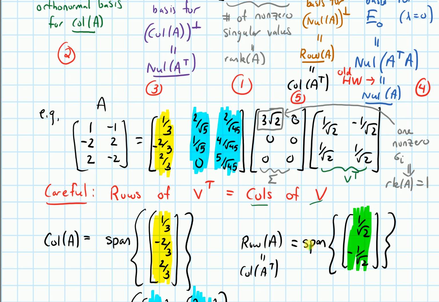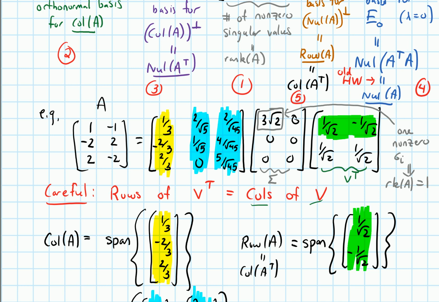So the row space is the span of that vector, which we saw in the first row of V transpose. That's a super important point: we need to remember that this is V transpose, not V. So when we write down what the row space is, we had to look at the rows of V transpose, because they correspond to the columns of V.